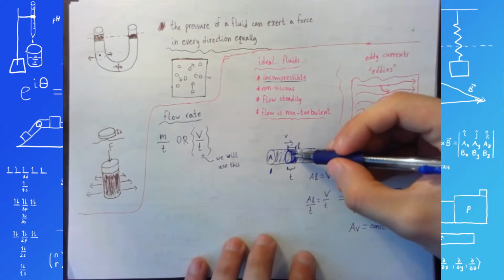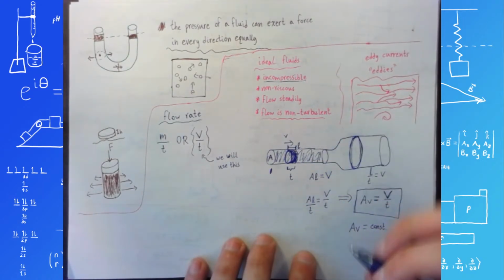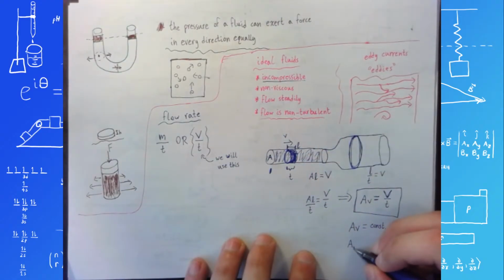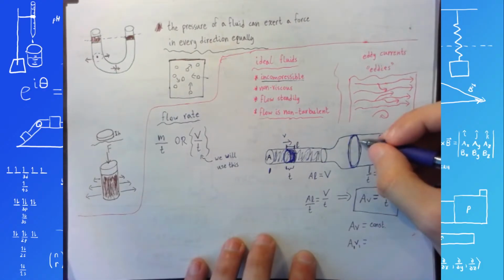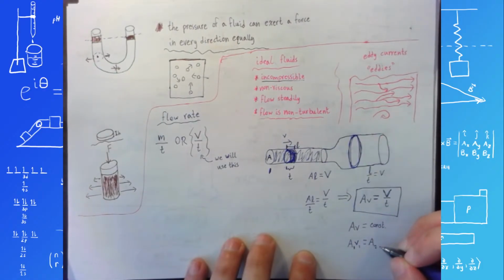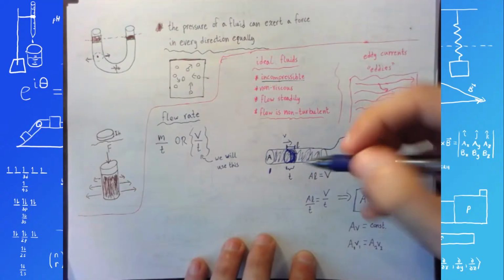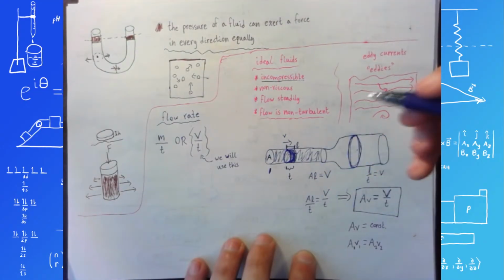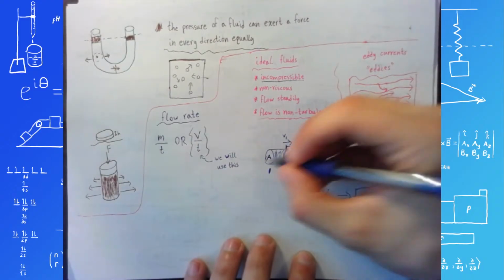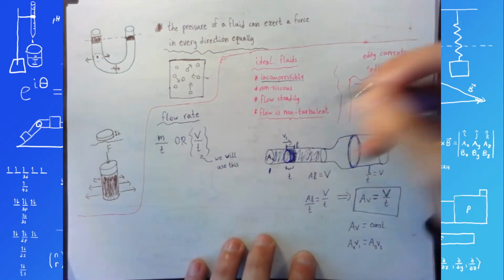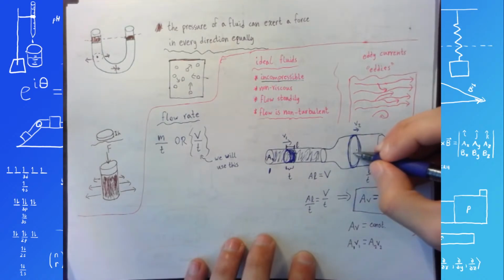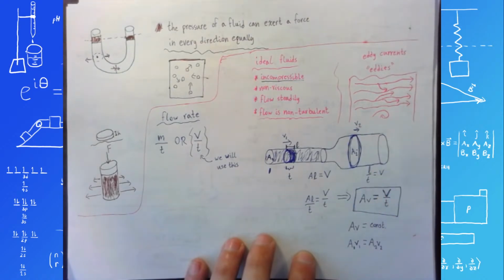That is area in the first part of the pipe, A1, times velocity of the fluid flow in the first part of the pipe, v1, has to equal A2 v2. Flow rate here has to equal flow rate here, and if flow rate is A times v, then A1 times v1 has to equal A2 times v2.